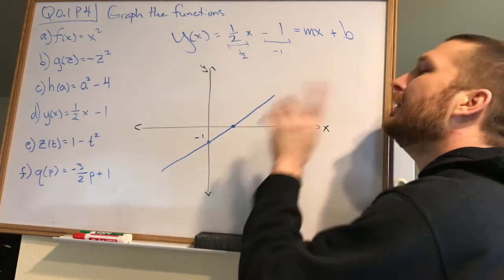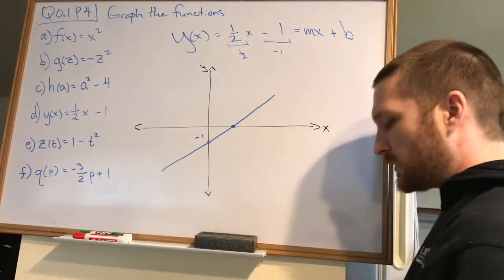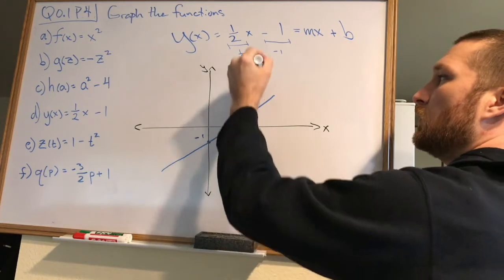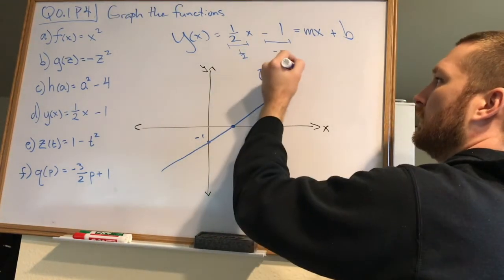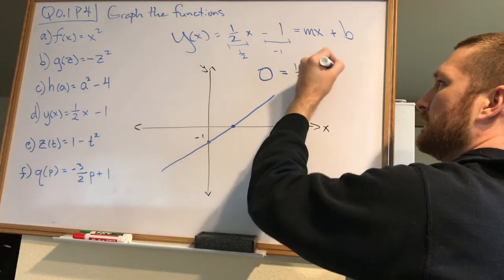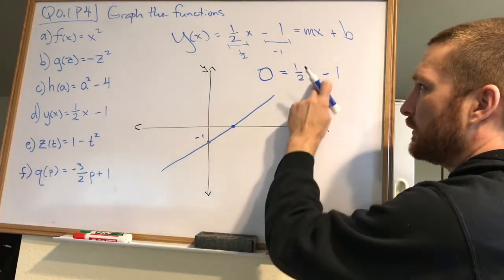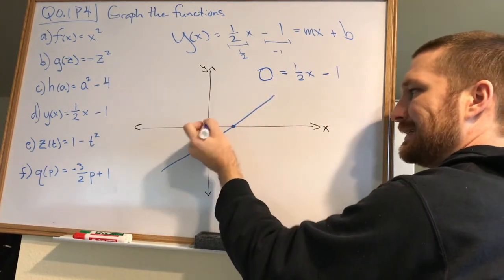The 0 is the y value. So in other words, when the output value is 0, what's the input value? Looking for some value x that when we plug it in, we do this, and then out pops a 0.